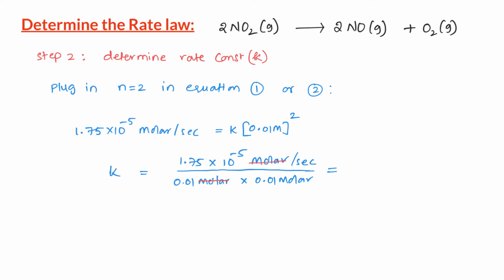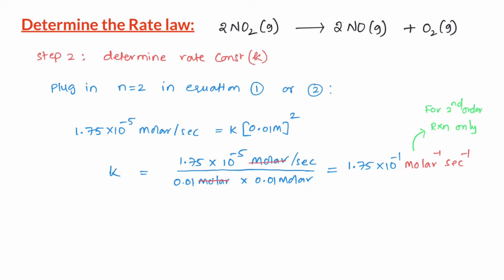If we do the math, we get k equals 1.75 times 10 to the minus 1 per molar per second. The units of the rate constant for a second order reaction are per molar per second. Note that the units of the rate constant depend on the order of the reaction. That is, different orders mean different units.